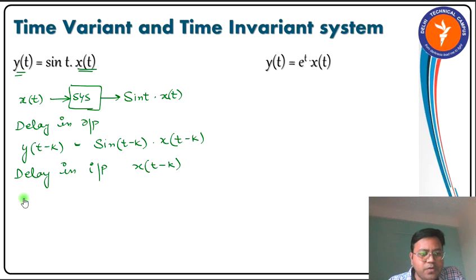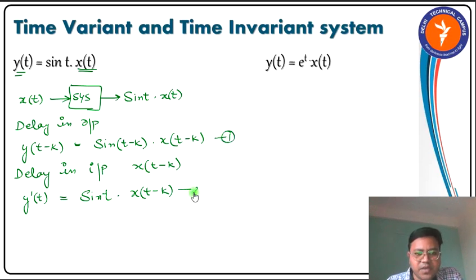That is, the output would be sine t times x of t minus k. Say this is my first equation, this is my second equation. Now we can see that these two equations are different because of the presence of this factor here. So if these two are different, then we will say the system is time variant.